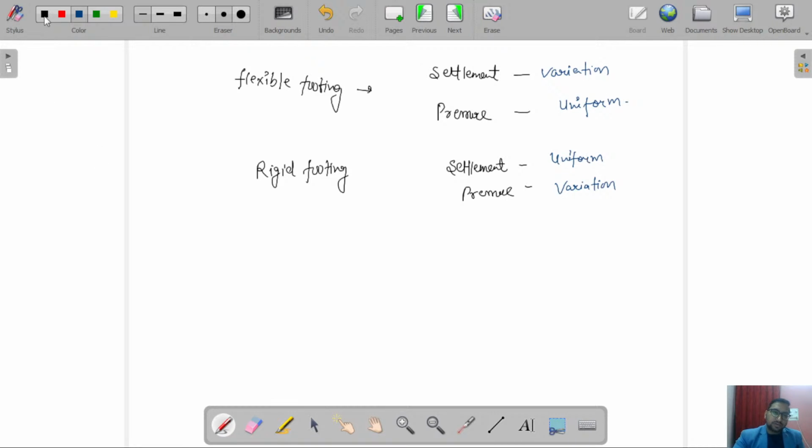Right. Now just take the case of sand. In case of sand, we know that the modulus of elasticity which we are going to get at center will be greater than modulus of elasticity at corners. E value is nothing but stress by strain.